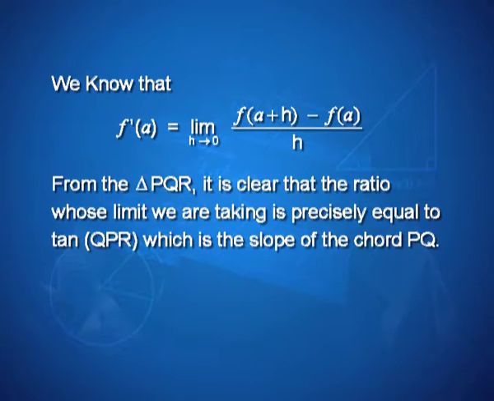From the triangle PQR, it is clear that the ratio whose limit we are taking is precisely equal to tan of angle QPR, which is the slope of the chord PQ.